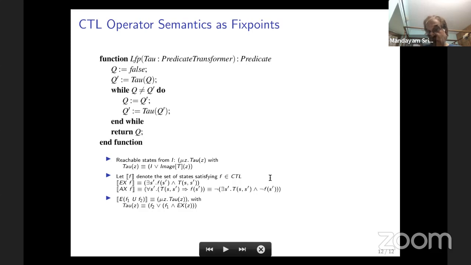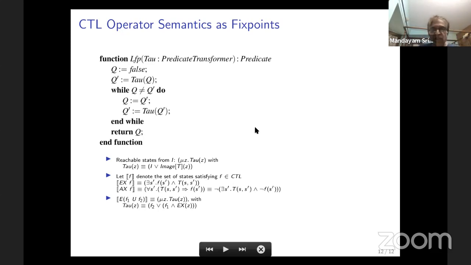Sometimes, depending upon the transition relation, the number of iterations that you require here to reach the fixed point can be much, much smaller than in the explicit state model checking algorithm, where you enumerate each state.